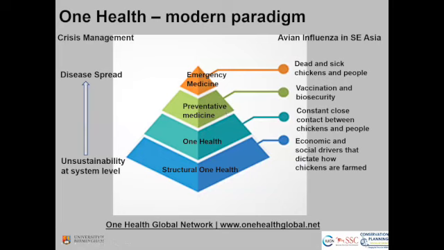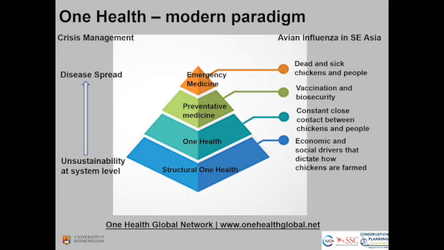Another one that was proposed back in the mid-2010s also brings into focus what Dirk was saying as well. I'm a veterinarian, and many of the participants here are veterinarians. We are mostly dealing in this top area here, emergency medicine and preventive medicine, because we're using the avian influenza example: we want to stop the death of chickens and people, and we want to try and prevent that in ways that we know how.